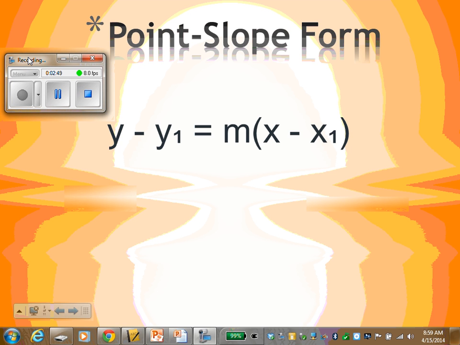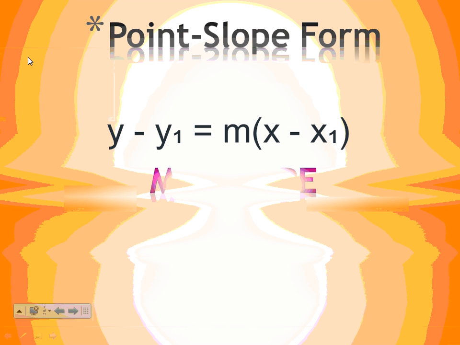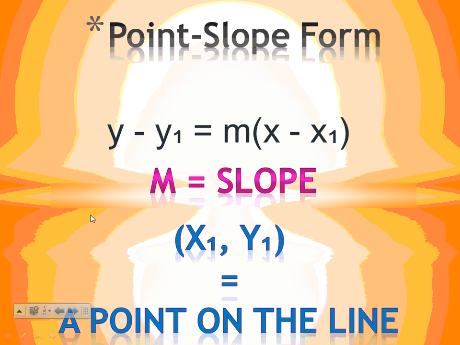Do you know any parts up there? Do you know what m is? Okay, so m is your slope, and your x sub 1 and your y sub 1 is a point on the line. So you will be plugging in numbers here, here, and here.